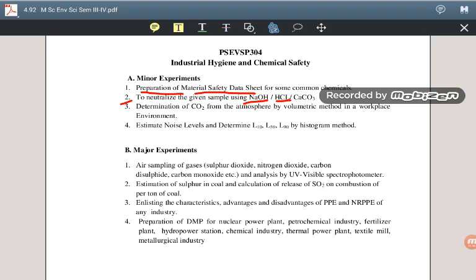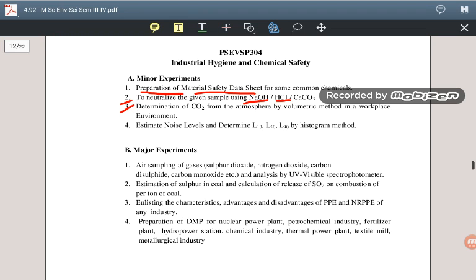How to neutralize this wastewater by means of base or acid can be seen in this experiment. So the name of the experiment is to neutralize the given sample using NaOH or HCl.